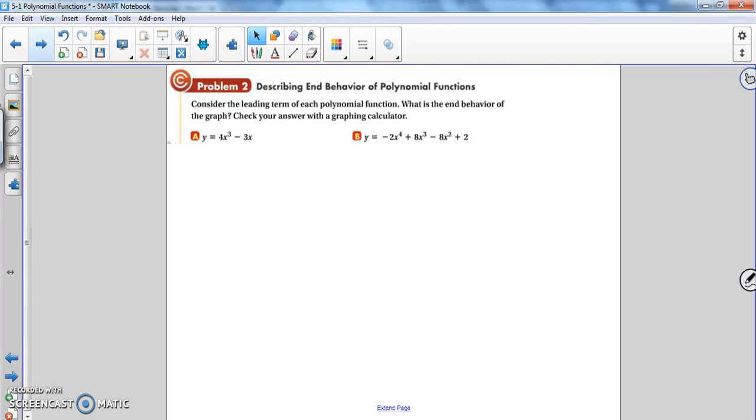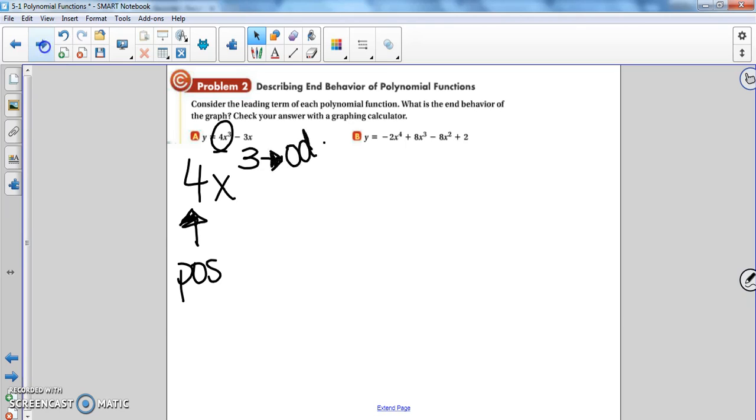So consider the leading term of each polynomial function. We are going to determine what the end behavior of the graph is, and we are going to check our answer with a graphing calculator. So 4x cubed minus 3x, our leading term is 4x cubed. Our coefficient is positive, and our exponent is odd.